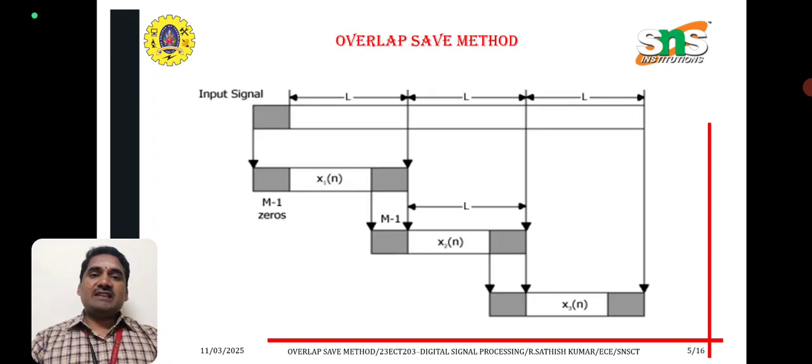In the overlap save method, the input signal is split into smaller sequences x1 of n, x2 of n, x3 of n. The M minus 1 zeros in x1 of n and x2 of n can be discarded. That is nothing but the overlap save method. We combine and discard the input of x3 of n, and we get the overlap save method output.